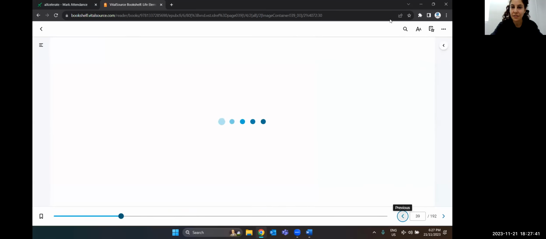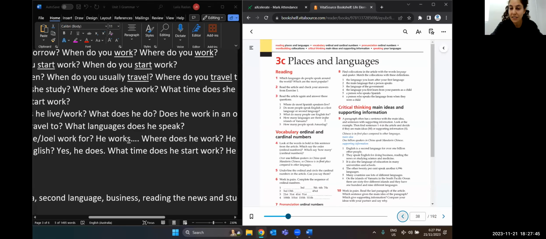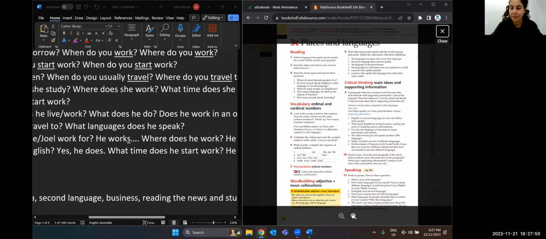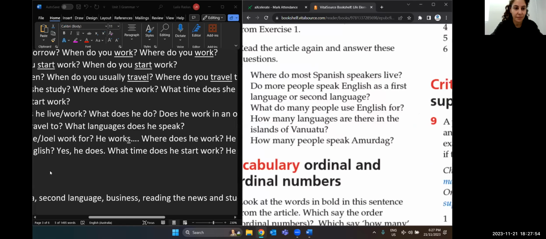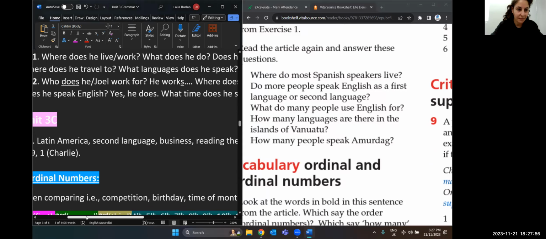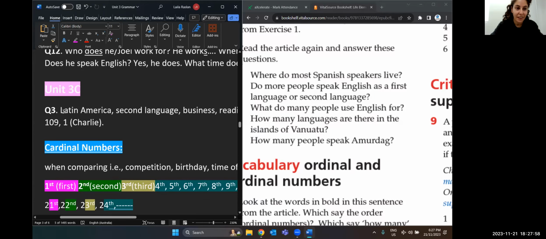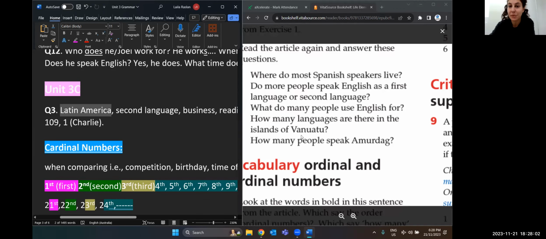So we have the question that asks us, where do most Spanish speakers live? Latin America? Yes. Okay, so most Spanish speakers live in Latin America.